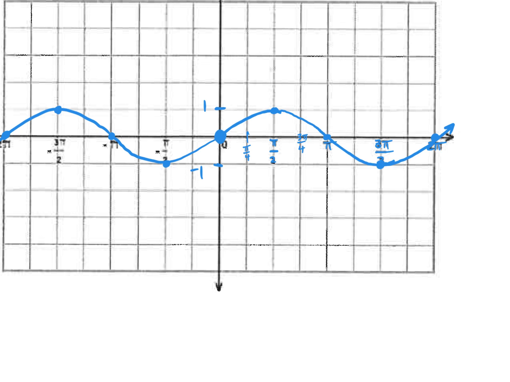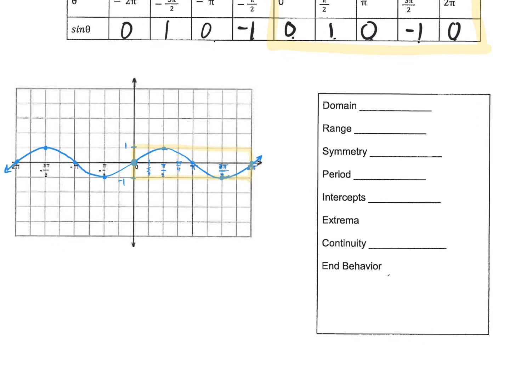Okay? All right, if we look at the 1 period thing again, 1 period is here. In other words, it took how long to get all the way through 1 cycle and back to where it started again? 2 pi. Okay. So let's talk about domain and range and all that fun stuff.